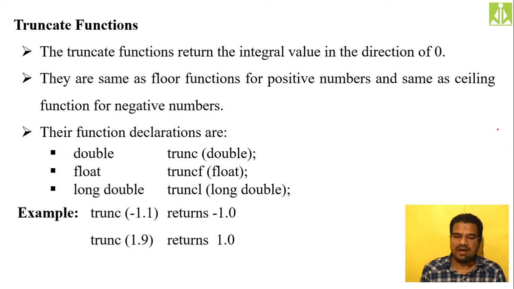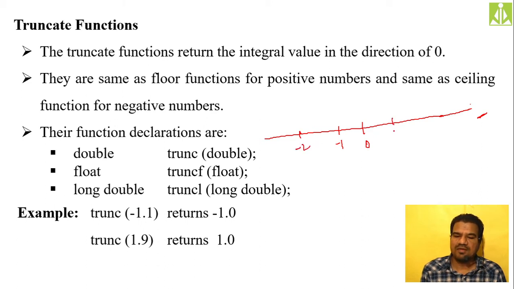Let me demonstrate on a number line. I don't have the image over here, that's why I'm drawing it like this. So 0 is here. On the left-hand side, -1, then -2 will come over here, like this.